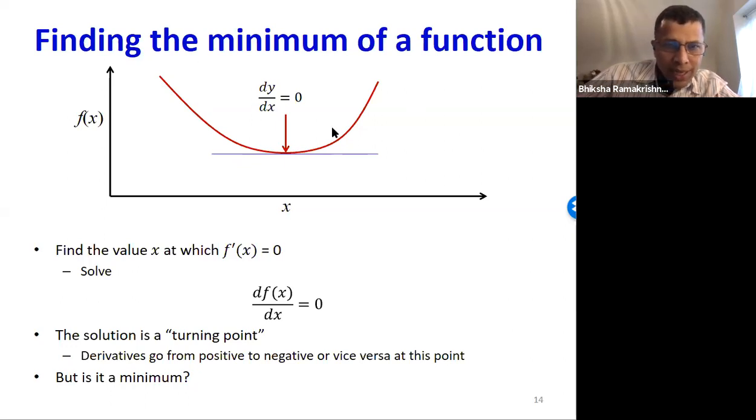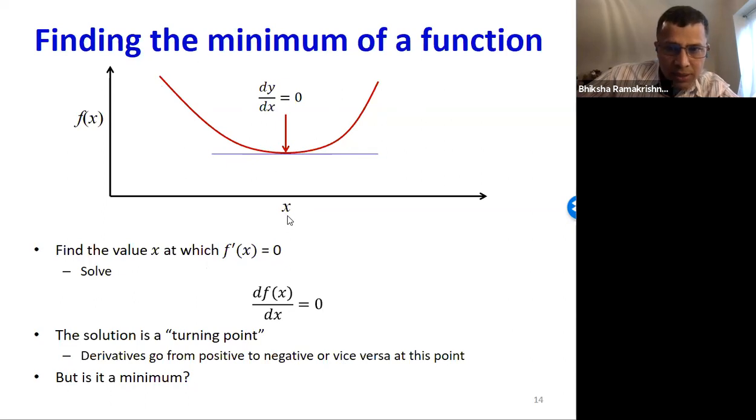On the other side, as you go away, the function is always increasing. At that precise location, the function is going to be flat. So this was the criterion that we used to find minima. The derivative of the function is going to be 0 if it's continuous and smooth at the minimum. And so we just equated the derivative to 0, solved for the x that gave you this property, and that was the location of the minimum.